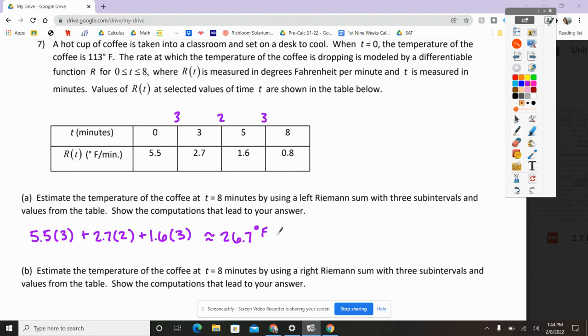This time you do have to get an actual answer because it wants the total temperature after 8 minutes. And then up here it tells us it starts at 113, so it'll be 113 degrees minus 26.7 degrees. So after 8 minutes, our estimation using Riemann sums is approximately 86.3 degrees Fahrenheit.